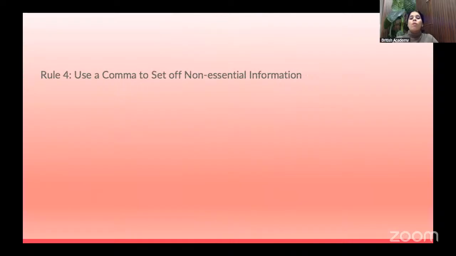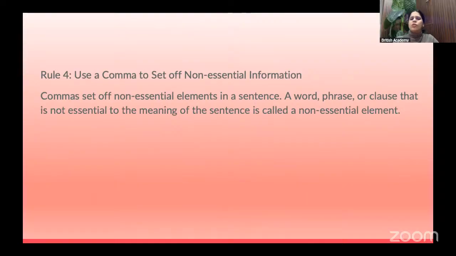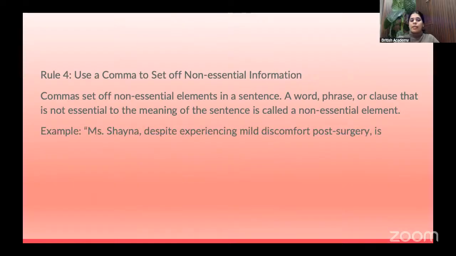Next, use a comma to set off non-essential information. If you have any non-essential information like a word, a phrase, or a clause that is not essential to the meaning of the sentence, it is called a non-essential element. For example, Miss Shaina, despite experiencing mild discomfort post-surgery, is recovering well and eagerly wants to return home.